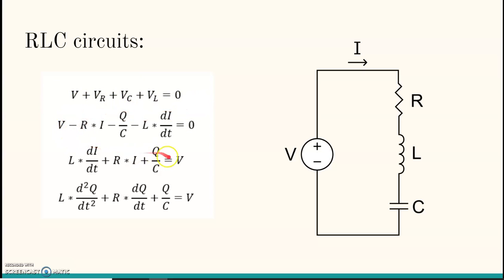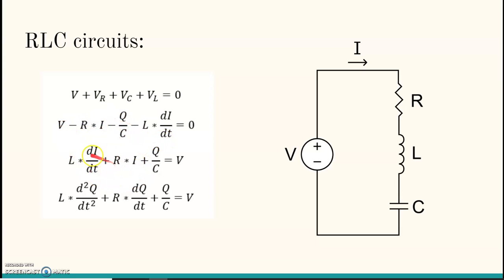Therefore, the voltage V will be equal to I times R, which is the voltage drop through the resistor, plus Q over C, which is the voltage drop through the capacitor, plus L times the rate of change over time of the current, which gives us the voltage drop through the inductor. Basically, what I just did was replace each of these voltage drops by their specific equations.